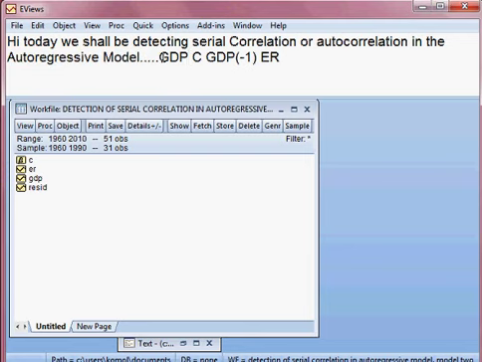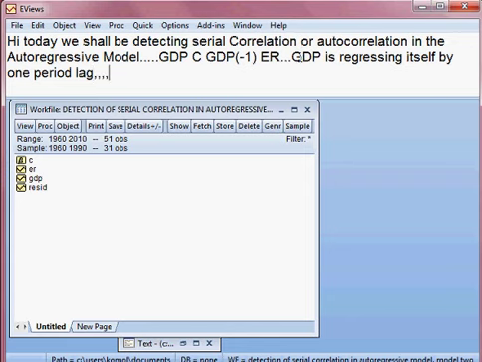because GDP is regressing itself by 1 period lag, right?